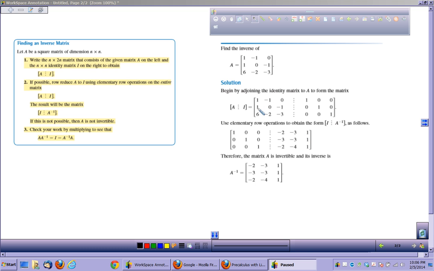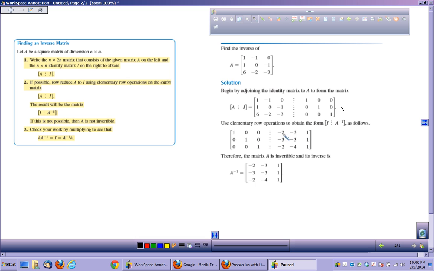For example, if I wanted to change this 1 into a 0, I would probably multiply the first row by -1 and add it to the second row, and that would turn this into a 0, and then this would turn into a 1, and this would still be a -1, but you have to perform the same operations on this row as well.